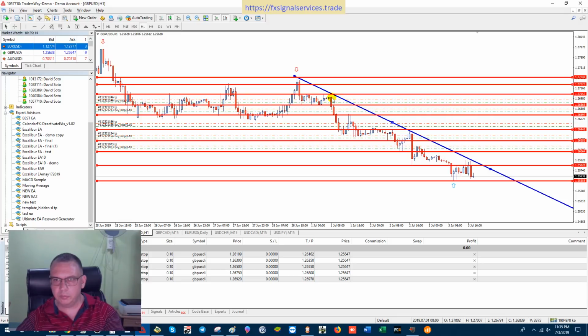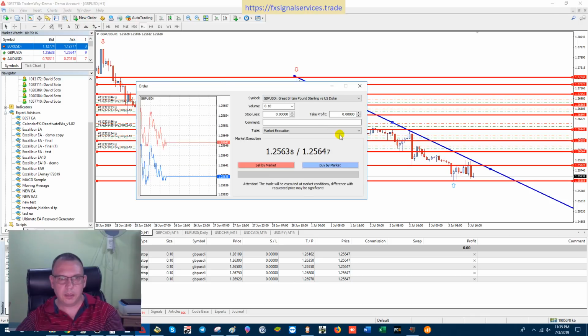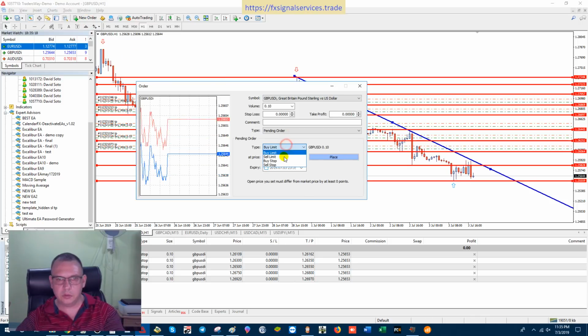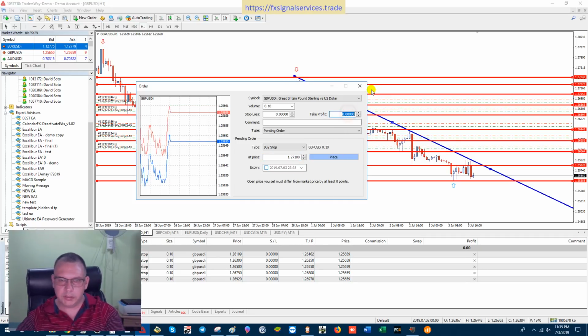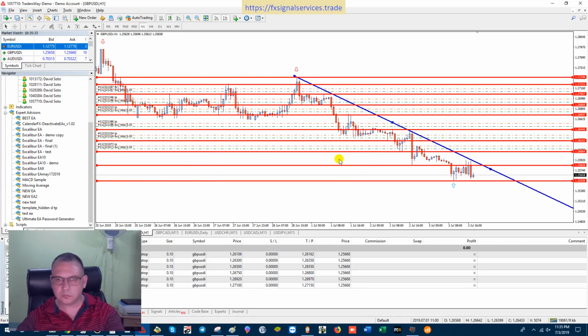But anyhow, you get the point, right? And I'll do another buy stop at 1.27 100 and take profit at 1.27 150. Okay, I could do one more, but for now that's plenty. I'm not going to do any more, but you get the idea.